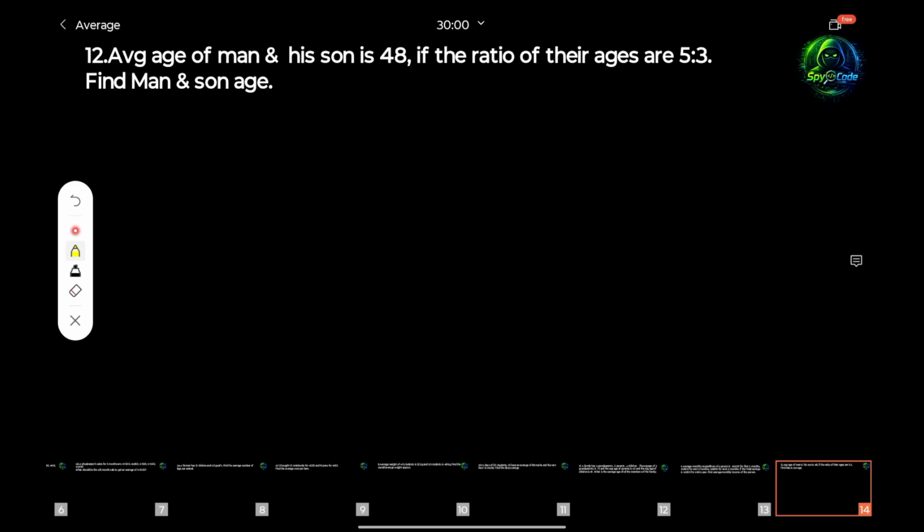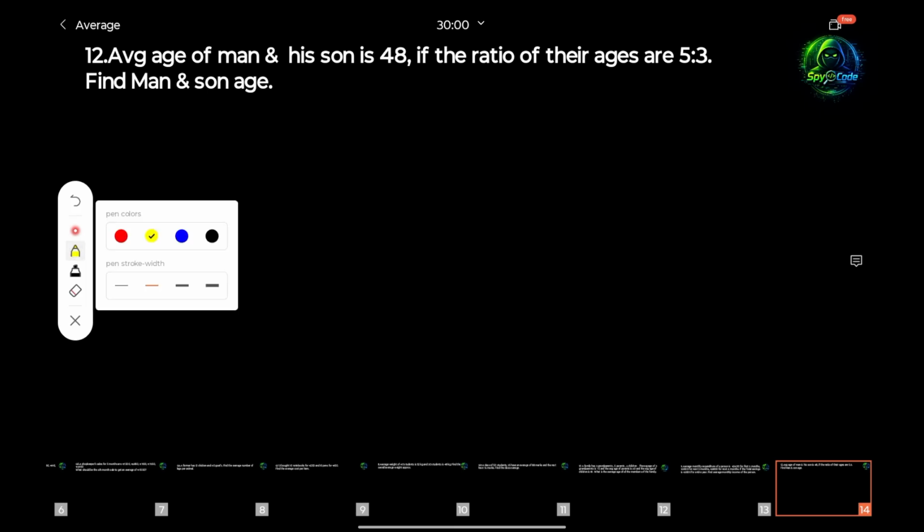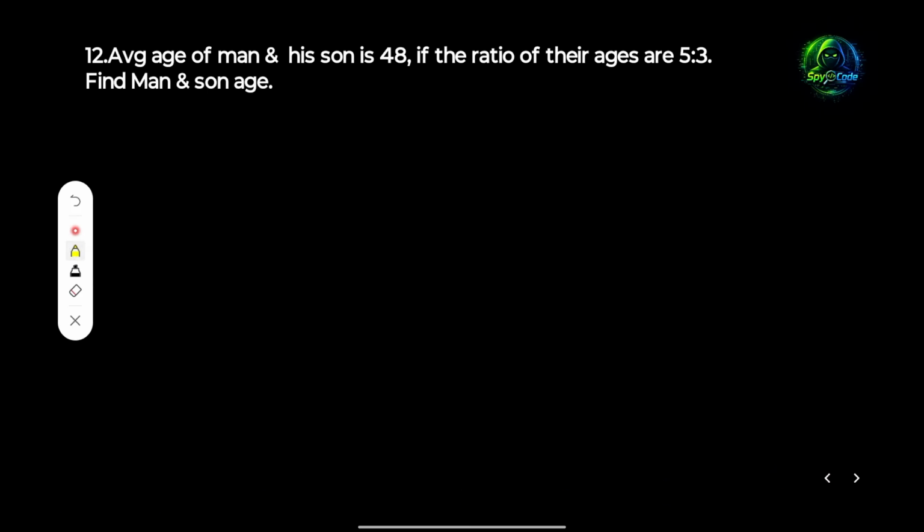Average age of man and his son is 48. If the ratio of their ages is 5:3, we need to find the man and son age. So the ratio of their ages is 5 and 3. We'll take it as 5x for the man and 3x for the son.